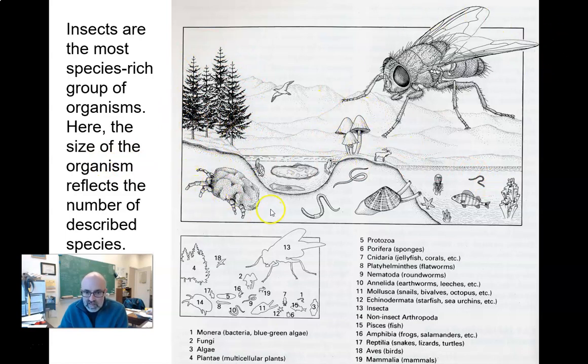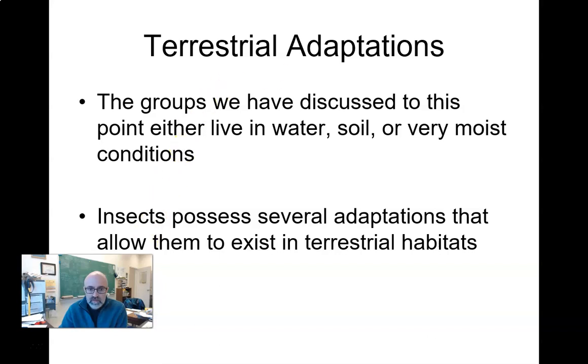This little mite here and this giant fly are arthropods. And so this is today's lecture. Just one class, class Insecta. Needless to say, just one class, but very important, ecologically important in terms of the diversity of life. A huge group here.